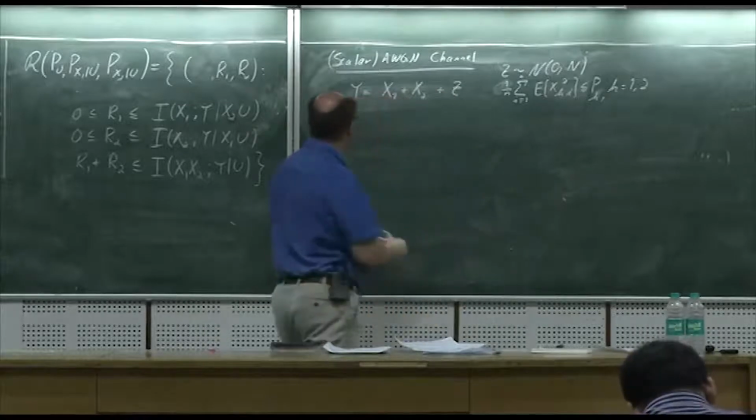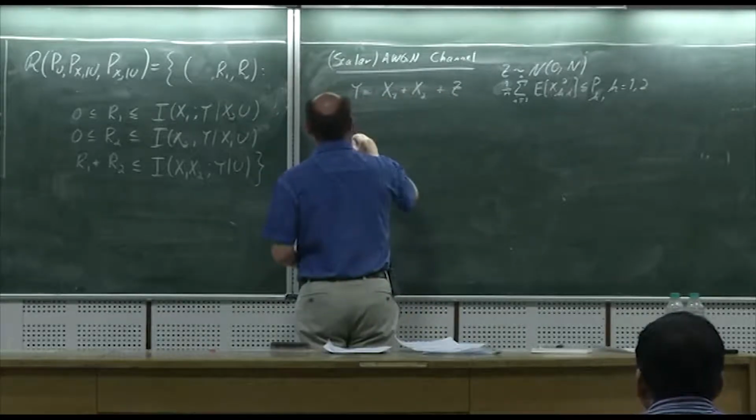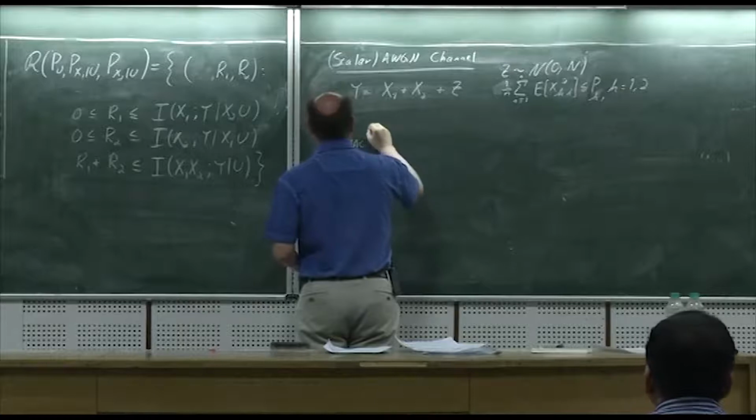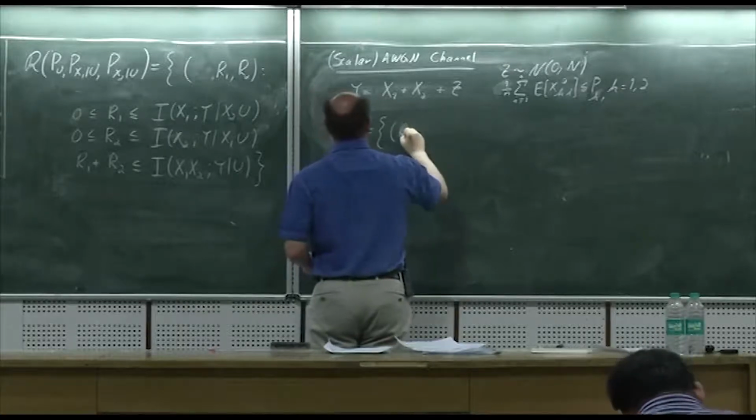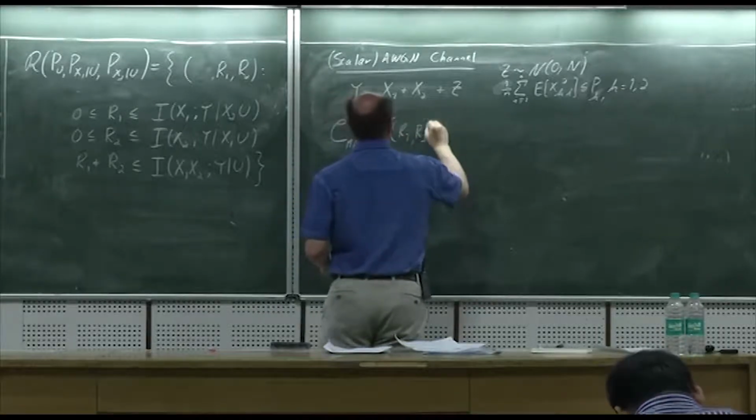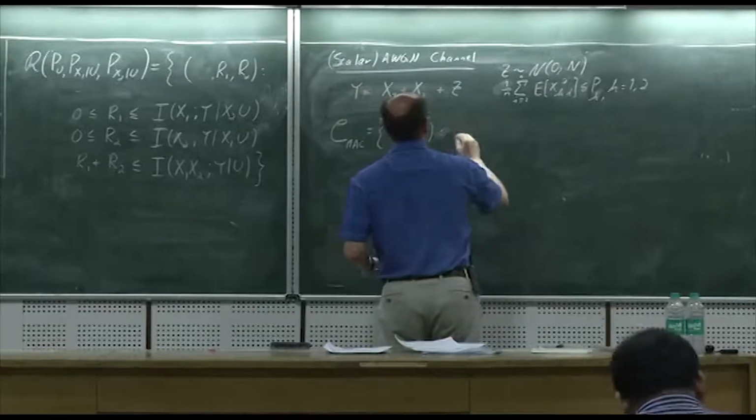So the capacity region here turns out to be the set of rate pairs without a union anymore, because the union is already there.